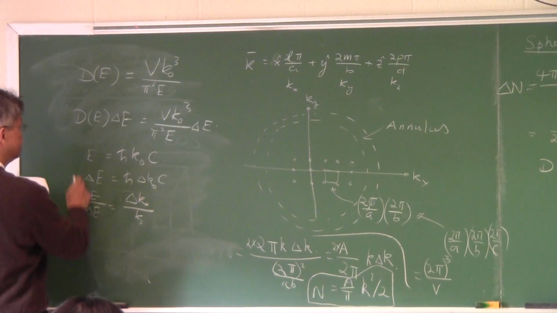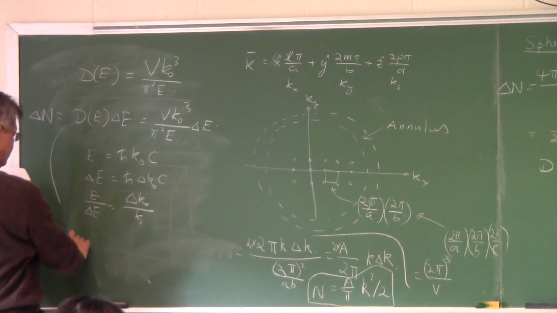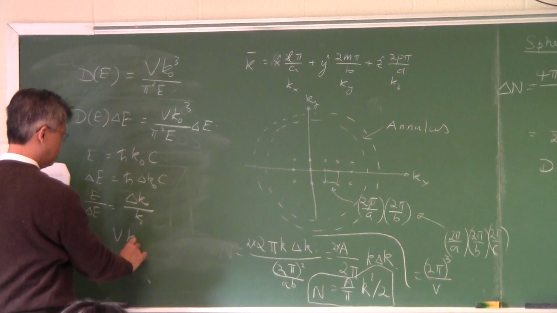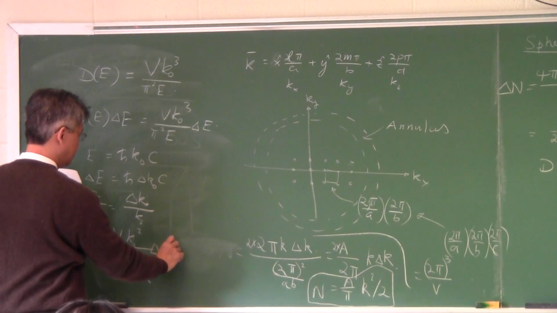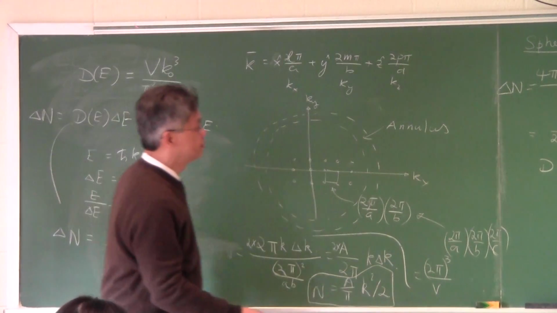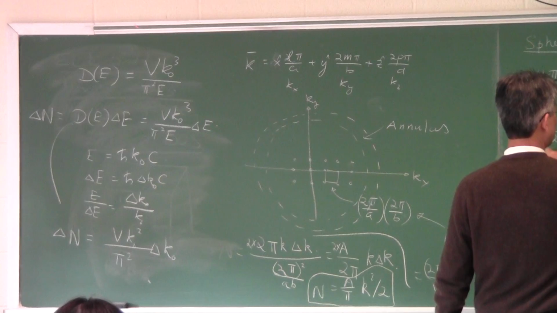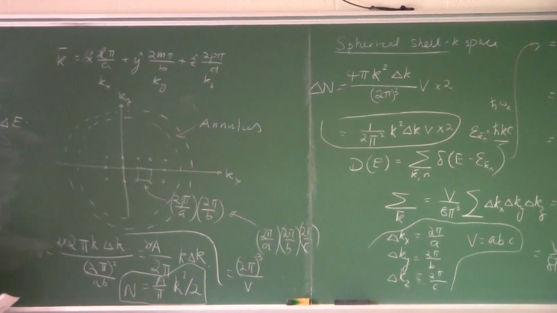So you plug this in, this is my delta N. My delta N is equal to V k naught squared pi squared delta k naught, which is consistent with this number over here. Yeah, I think these two numbers are consistent.